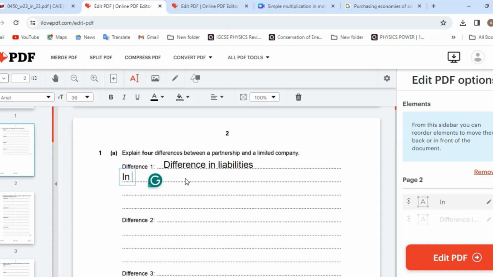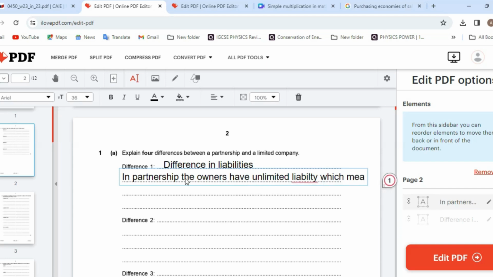In a partnership, the owners have unlimited liability, which means their personal possessions can be used to pay business debts.